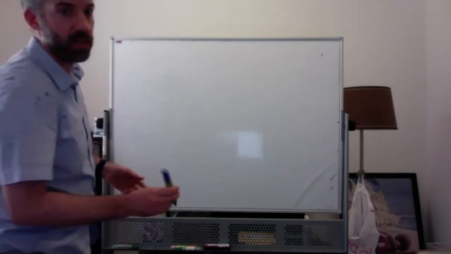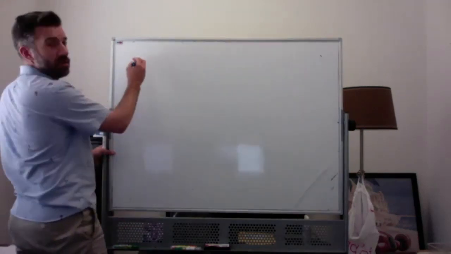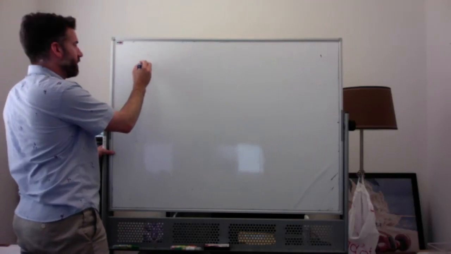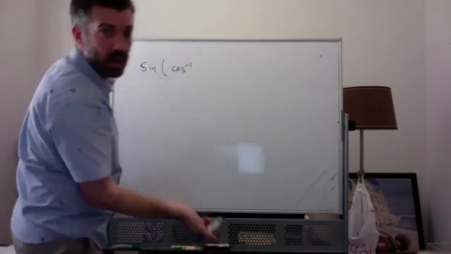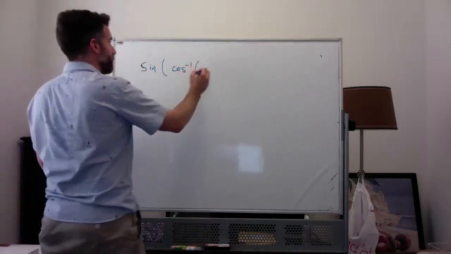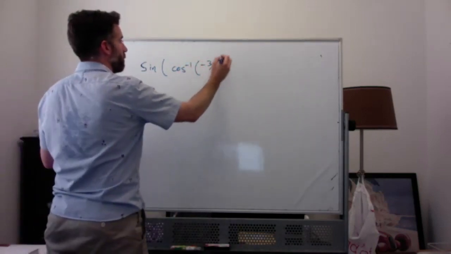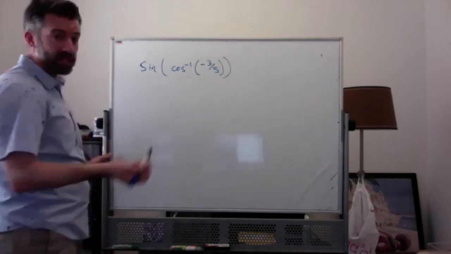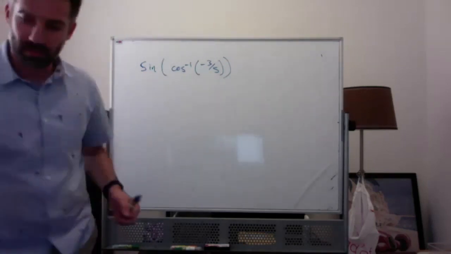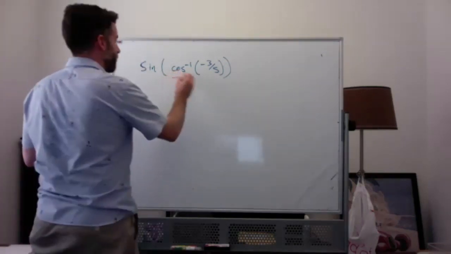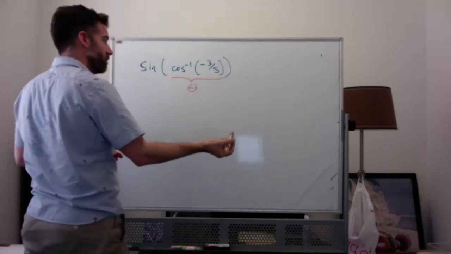Well, let's do number 10, and then we'll do 11. Then we'll be done. So number 10 is finding the sine of the inverse cosine of negative 3/5. And again, for this kind of question, we have to draw a triangle. So inverse cosine of negative 3/5 is an angle.